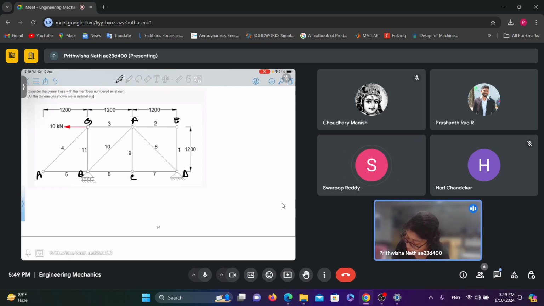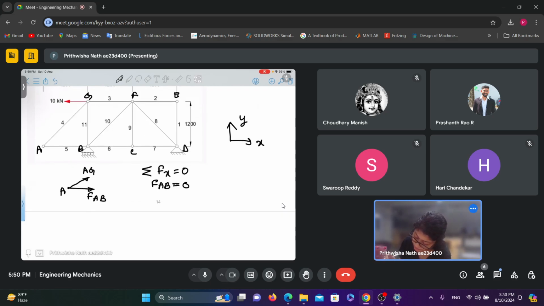So if I resolve the forces at joint A, let this be FAB and FAG. If I do summation of Fx to be 0, it implies that the force in member AB is 0, right?